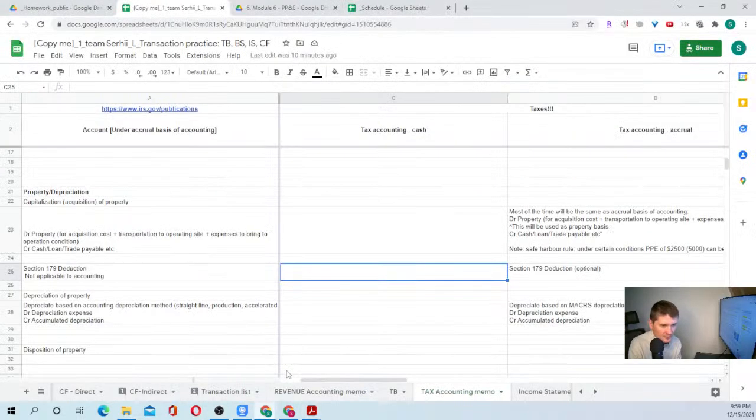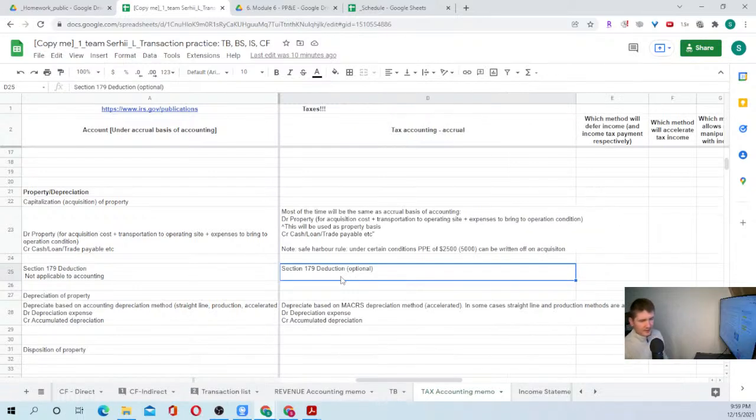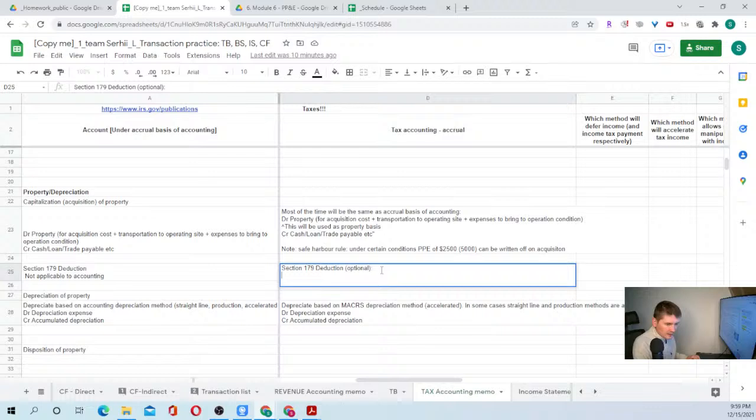Let's do a couple of updates here. Your property must qualify. Most tangible property qualifies.